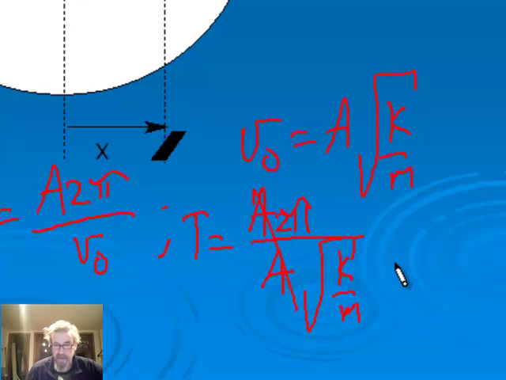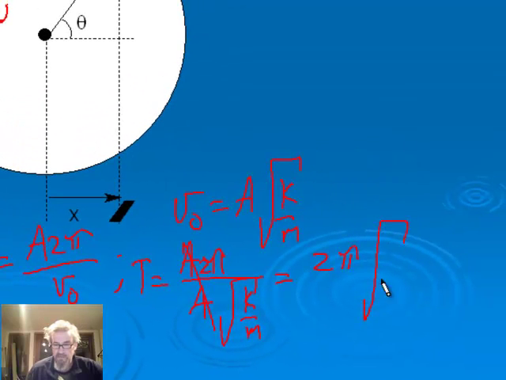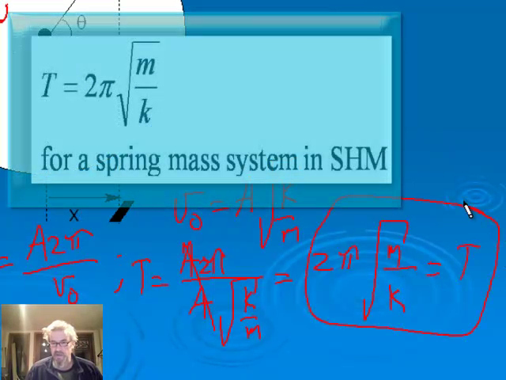Let's simplify. A cancels out. That leaves us with 2 pi on top times the square root of the reciprocal of k over m. So m over k. That's the period. So for that spring mass system, 2 pi times this constant that depends on the mass and the spring constant is the period for that system.